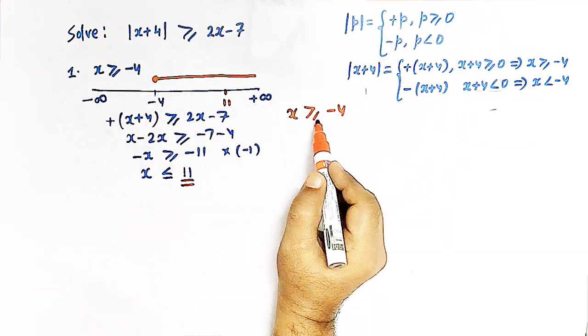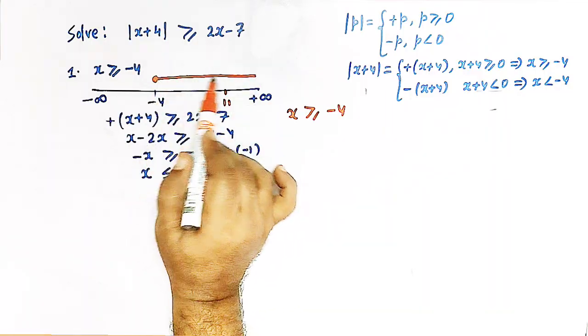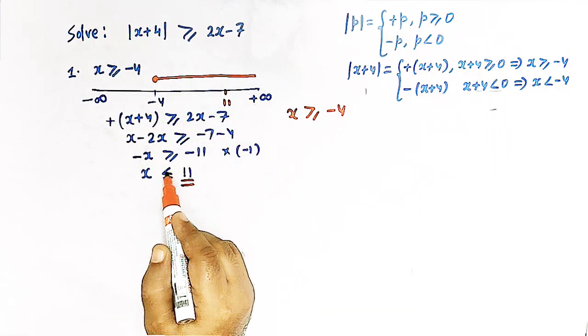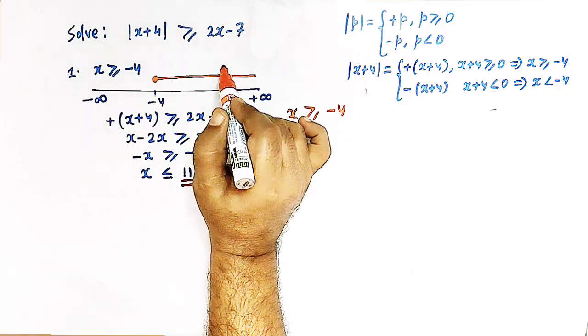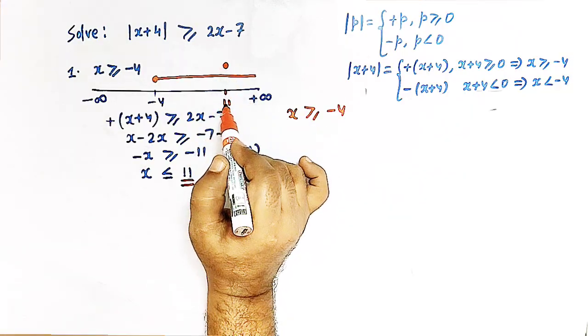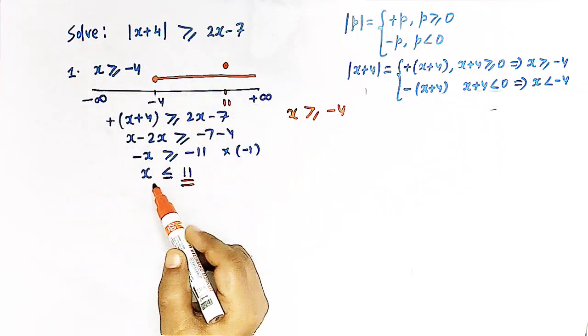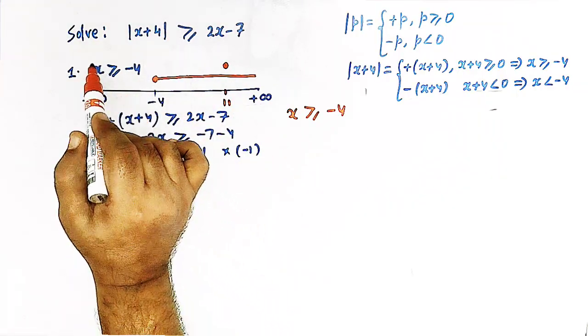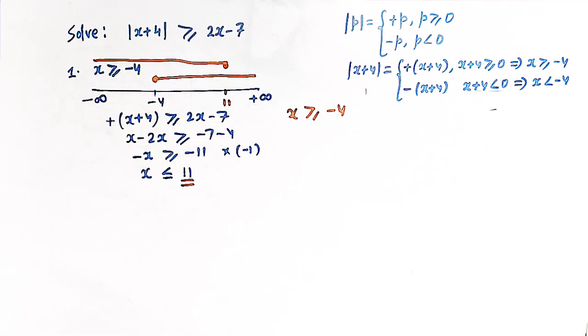So x greater than or equal to minus 4 is represented by this line, and x less than or equal to 11 is represented by this line. So here 11 is also included. So we can have x less than or equal to 11. We can represent it like this, right?